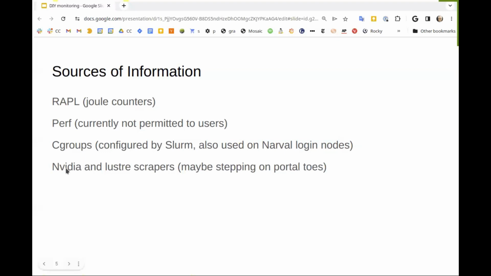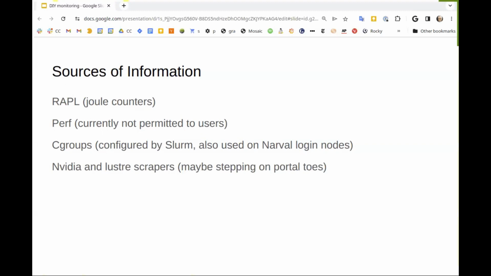And then if I have time, I'll also mention just in passing that there are data collectors, which we usually call scrapers, on at least Cedar and Graham and Beluga, which provide information which might be more convenient to users. And I'll explain what I mean by that.